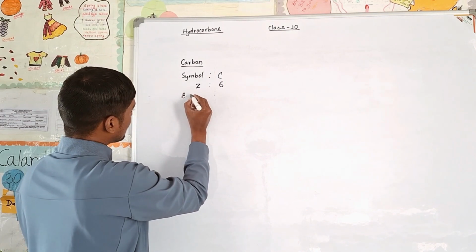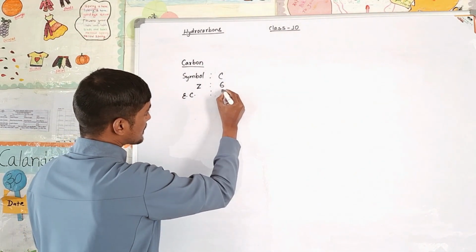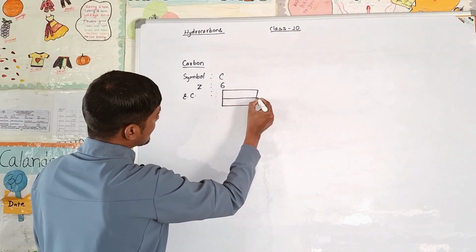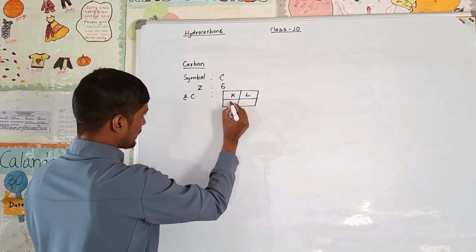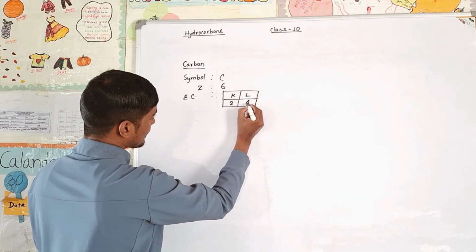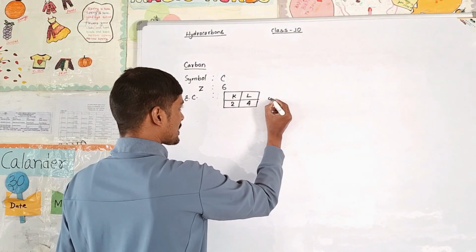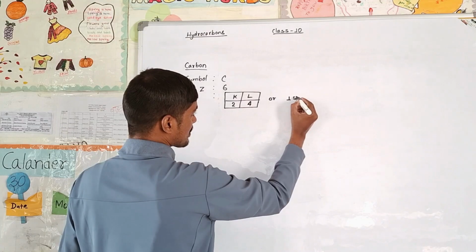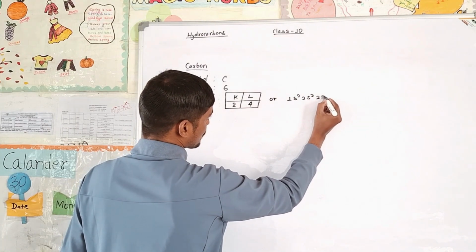If we talk about its shell electronic configuration, then it has two shells, the K shell and the L shell. In the K shell, there are 2 electrons. In the L shell, there are 4 electrons. Its subshell electronic configuration is 1s2, 2s2, 2p2.